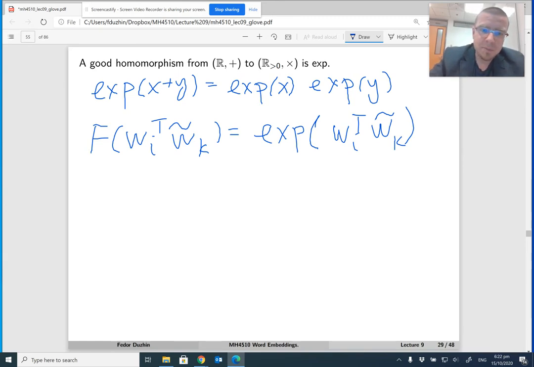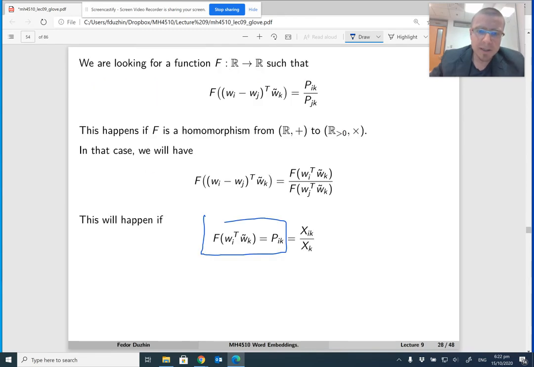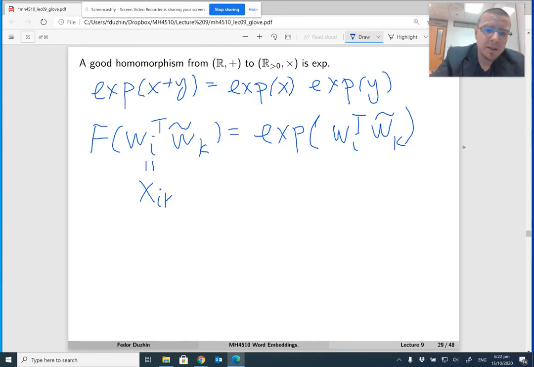But then at the same time, this is supposed to be equal to x_ik divided by x_k, right?